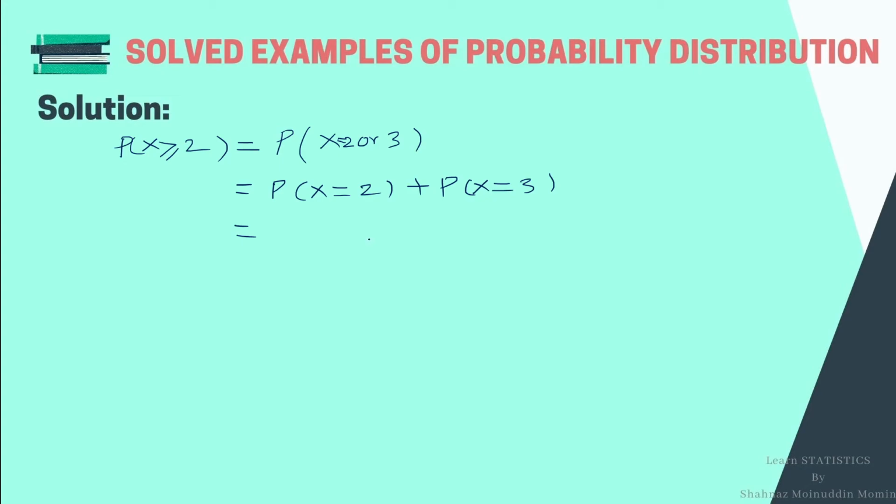So it is 0.3 plus 3k. We know that the value of k is 1 upon 15.